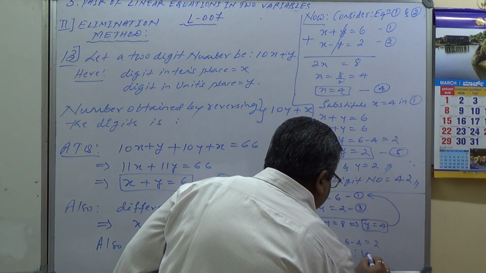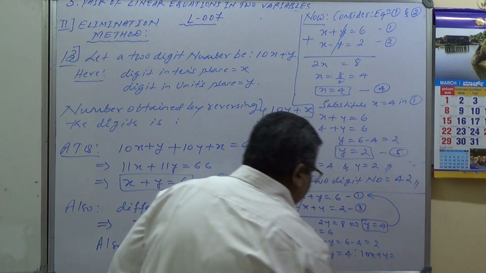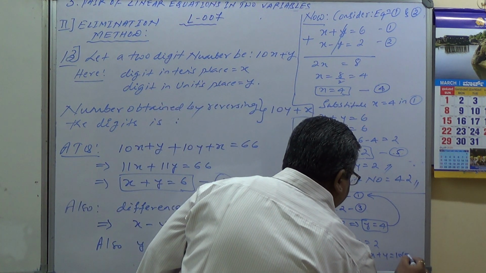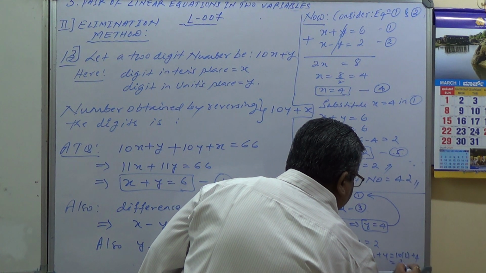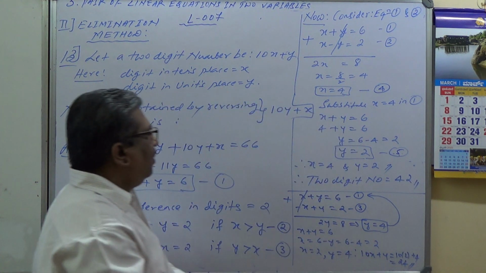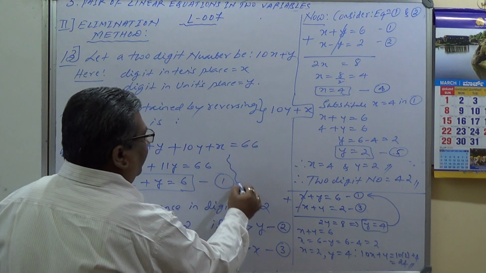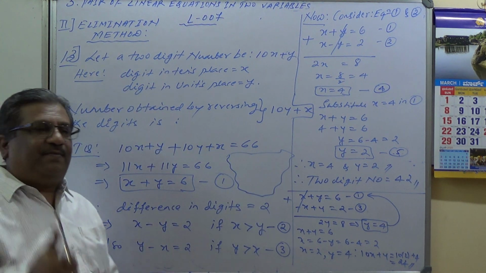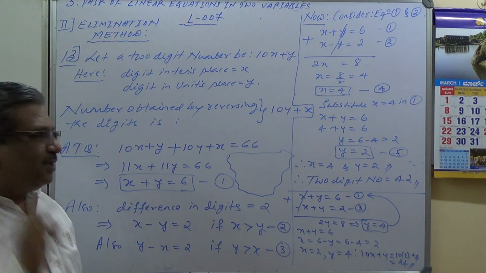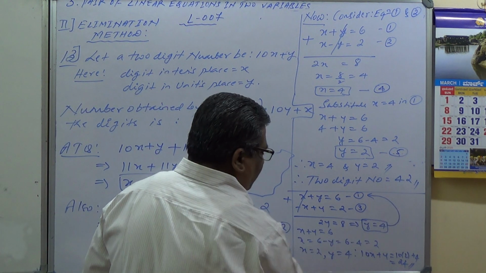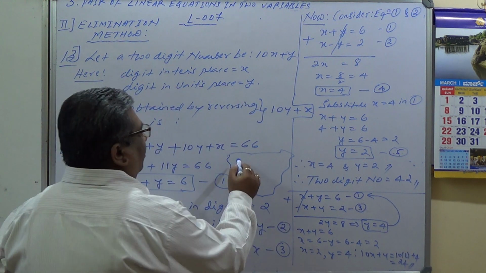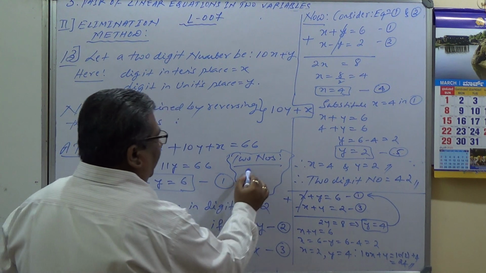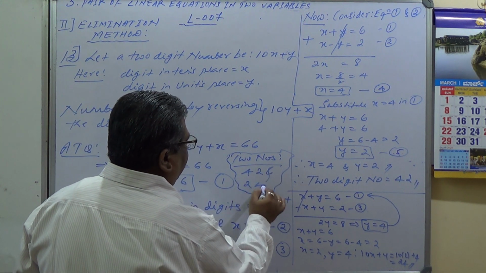The two-digit number is 10x plus y, which is equal to 10 times 2 plus 4, which is equal to 24. Therefore, how many numbers are possible? The question asked is how many numbers are possible. There are two numbers possible: one is 42 and the other is 24.